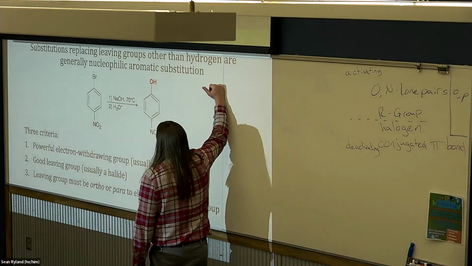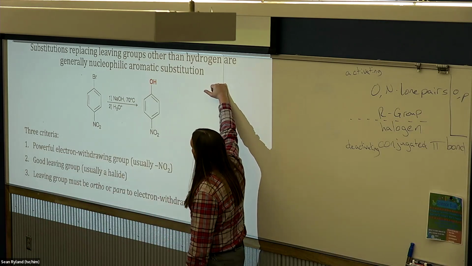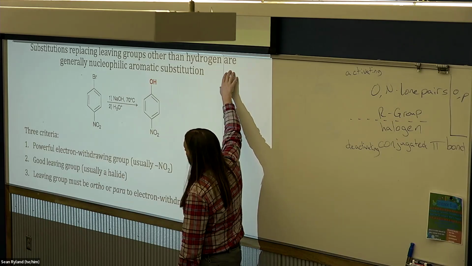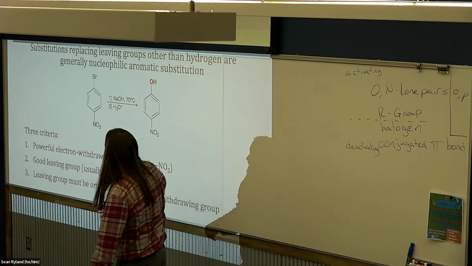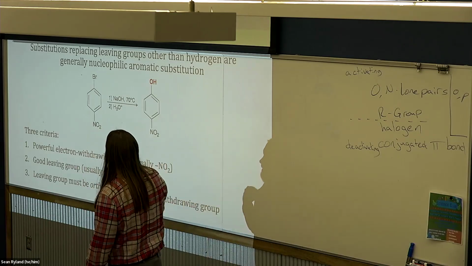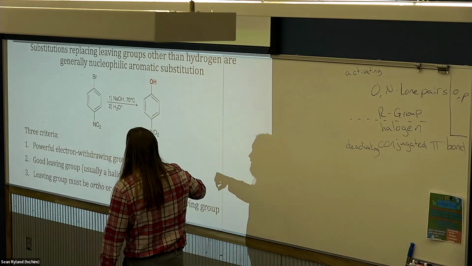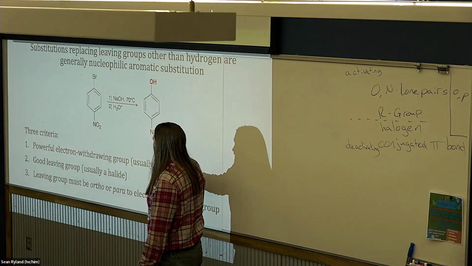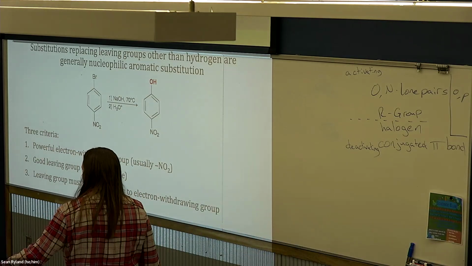A nucleophilic substitution is still going to be somewhat similar to what we saw before in that we're replacing a leaving group that's not hydrogen. We're not replacing a hydrogen this time, so we need a good leaving group. And if it's nucleophilic, we also need a strongly electron withdrawing group on there.